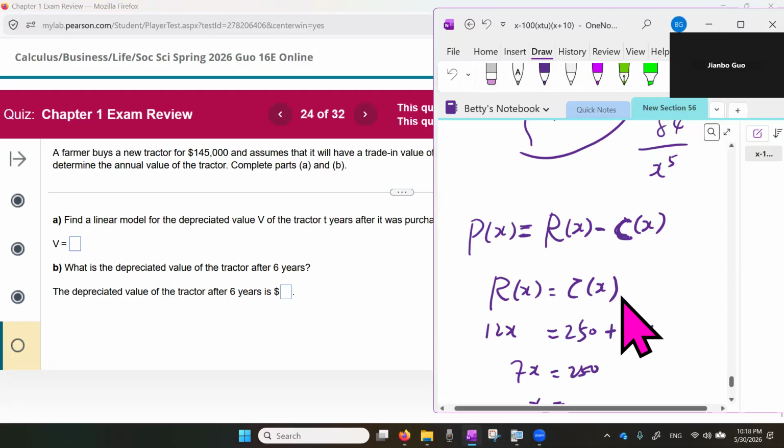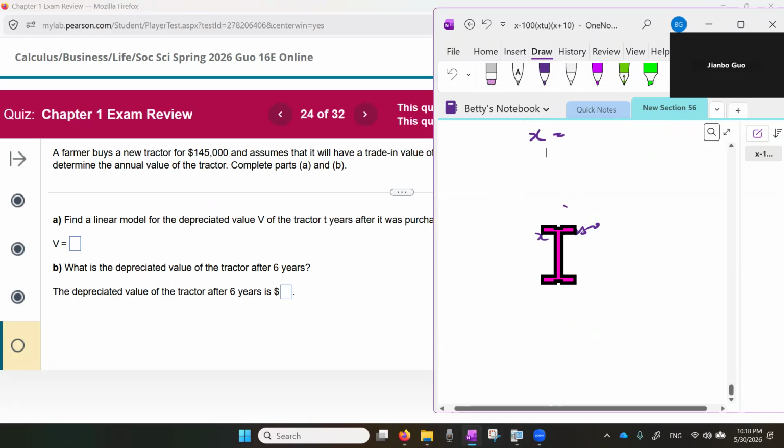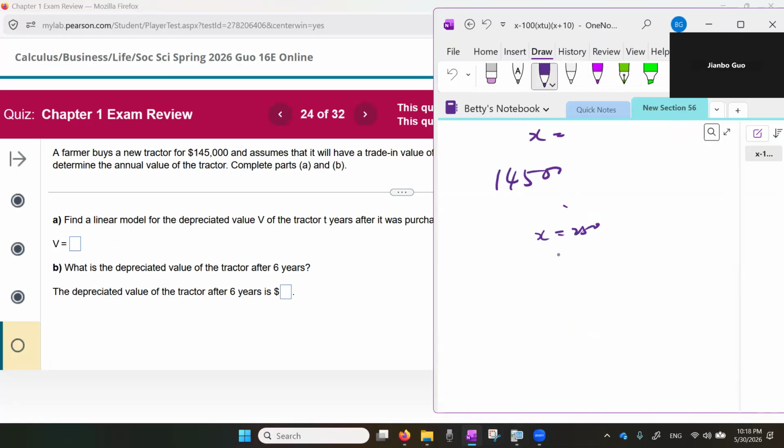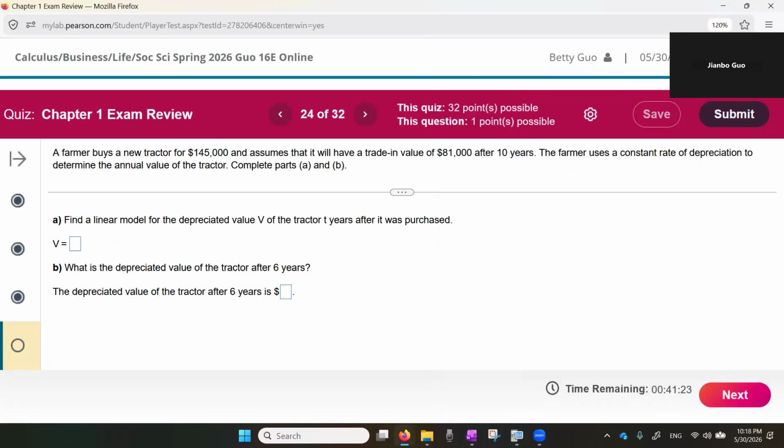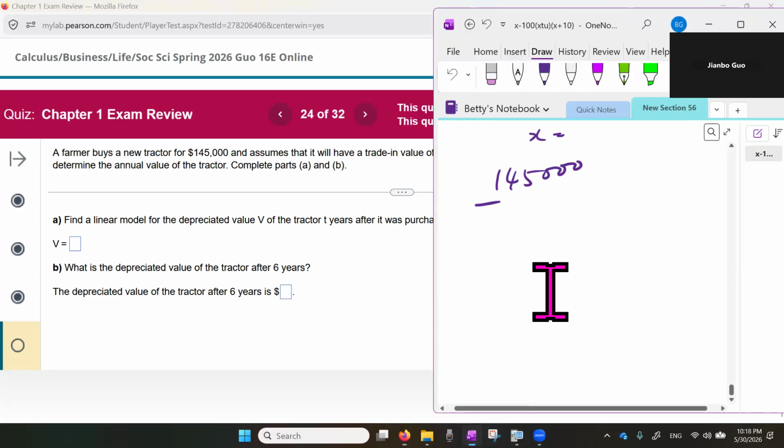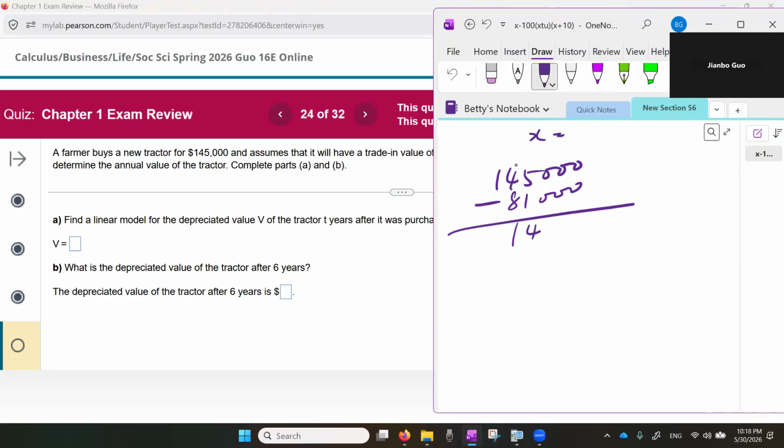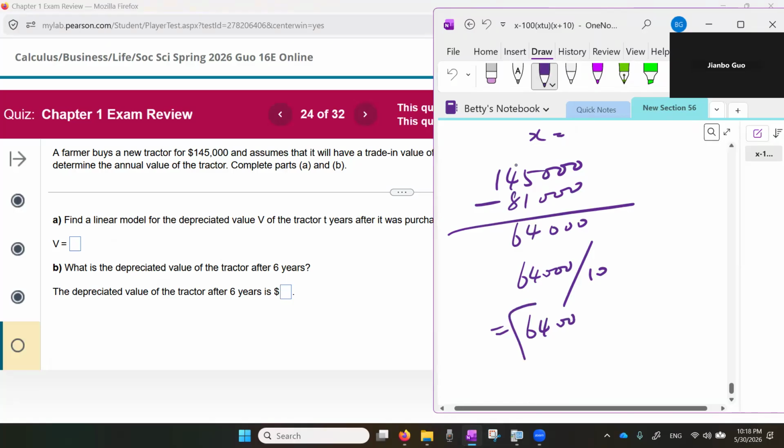I need to take notes. 145,000 minus 81,000 over 10 years, right? And you divide it by 10. Each year, the depreciation is 6,400.